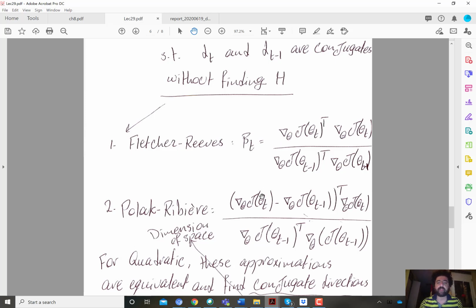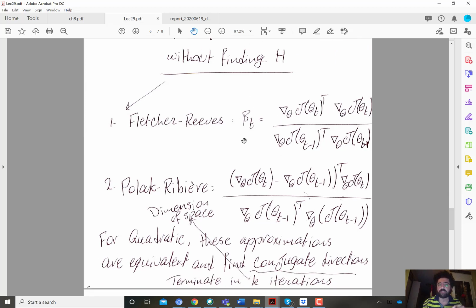And if you look at the expressions for both Fletcher-Reeves and Polak-Ribiere, you would find that beta t basically corresponds to what looks like a normalizing factor. And so for Fletcher-Reeves, for example, you have the norm of the new gradient divided by the norm of the old gradient, right?